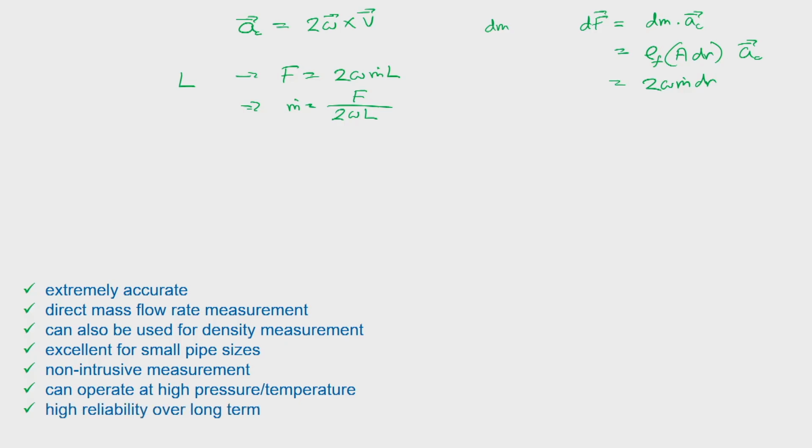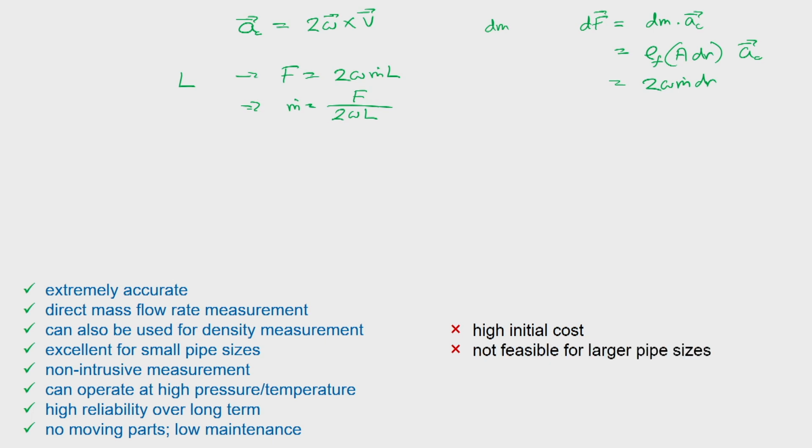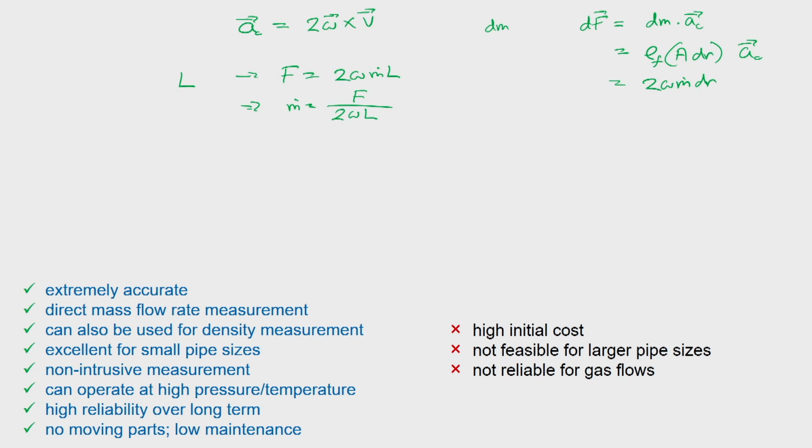They can easily operate at very high pressures or temperatures, are highly reliable over the long term, and have no moving part, leading to low maintenance operation. But the problem is their initial cost; they are much costlier compared to the venturimeter kind of instruments. They are not feasible for large pipe sizes, as I have just mentioned, because the twisting may lead to failure or rupture of the pipe if the pipe diameter is large.